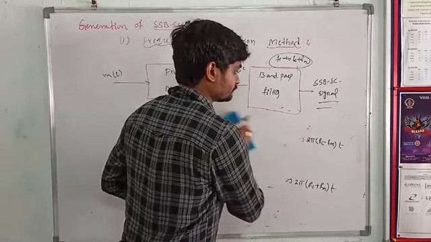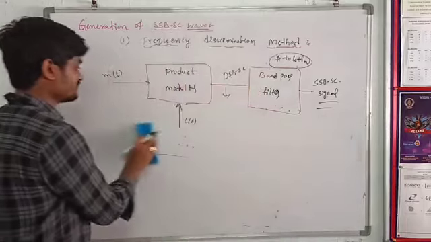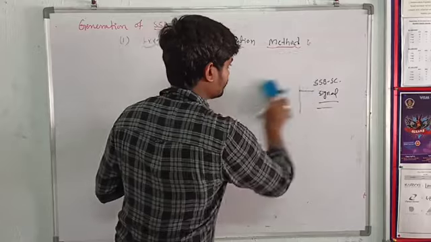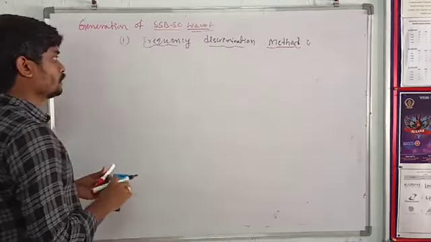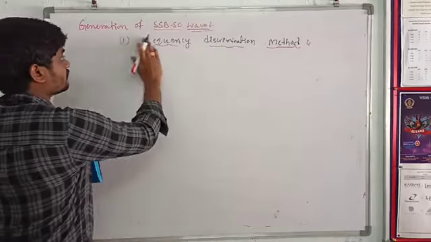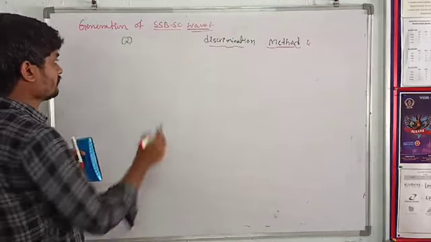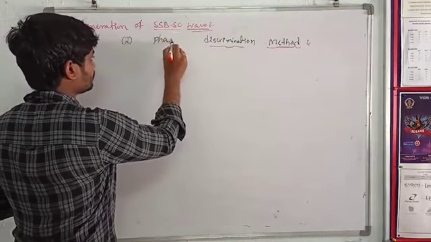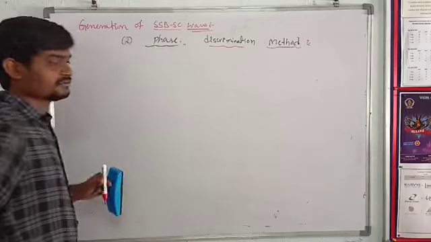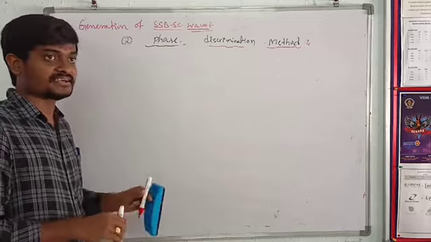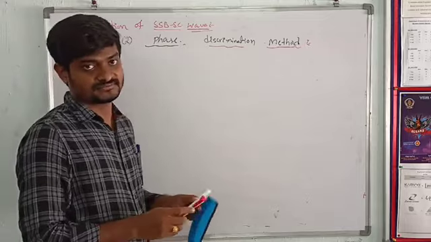And the next one is the phase discrimination method or Hartley modulator. Second one is the phase discrimination method or Hartley modulator. It is like a Costas loop receiver.